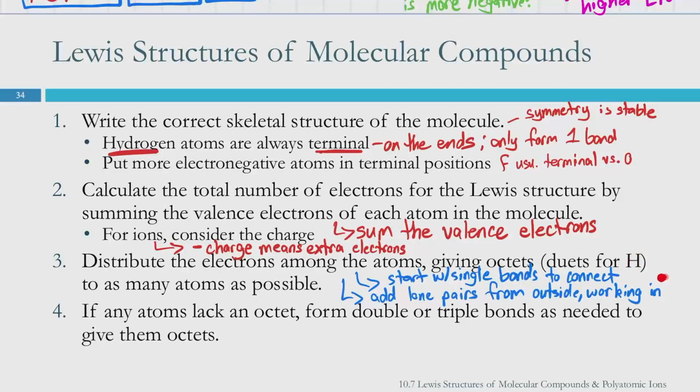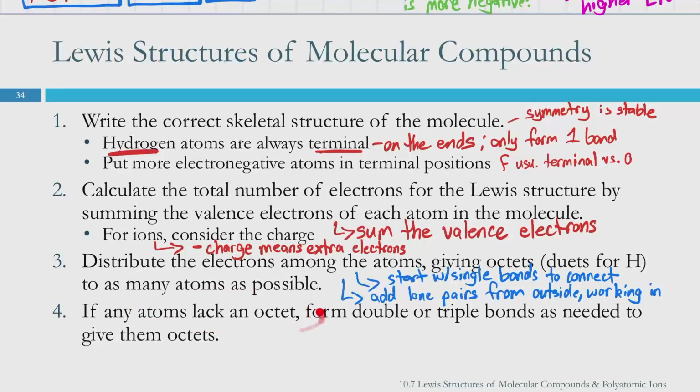So all of our hydrogens are going to get one bond. Anything that's not a hydrogen, things like fluorine, chlorine, bromine, oxygen, sulfur, those can have more than one bond. We'll add those bonds in so that everything's all connected. Add in our lone pairs to things like fluorine, chlorine, oxygen, sulfur, if they're on the outside.